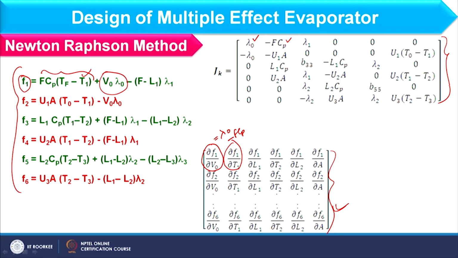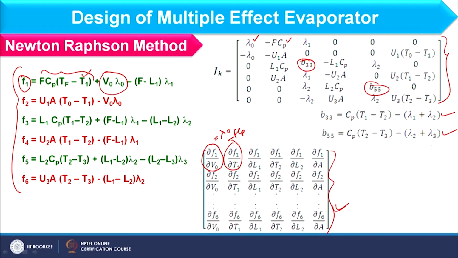Okay. So, these parameters are basically B33 you can see and B55. Because of long term I cannot put that over here. So, B33 you can consider as Cp into T1 minus T2 minus lambda 1 plus lambda 2. And similarly, B55 I am having Cp into T2 minus T3 minus lambda 2 plus lambda 3, right.